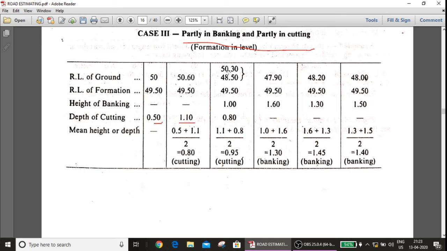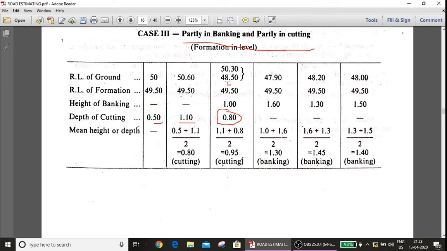Now at the 12th station, 50.30 minus 49.50, the first value we are getting as 0.80, and 48.50 minus 49.50 we are getting as 1. Whatever 50.30 minus 49.50 gives a positive value, so keep that in cutting.